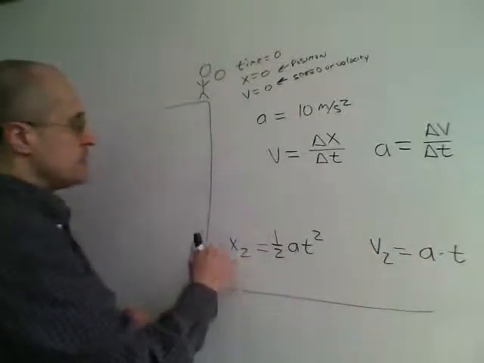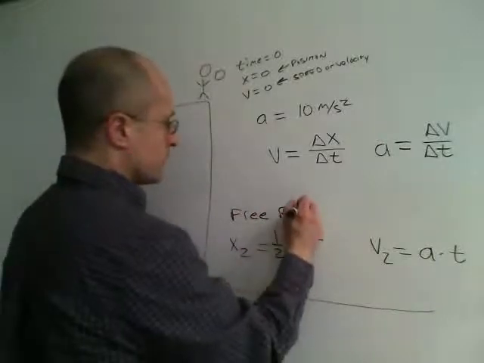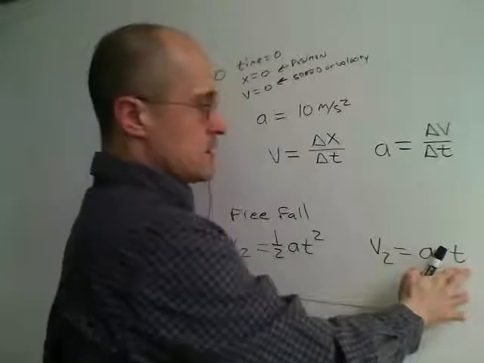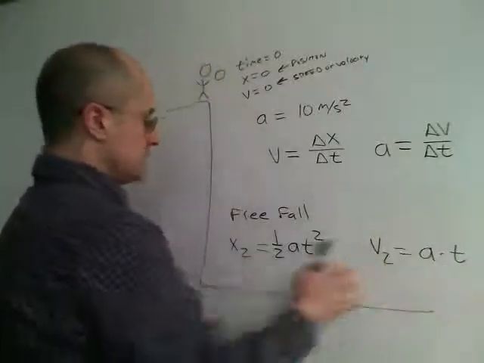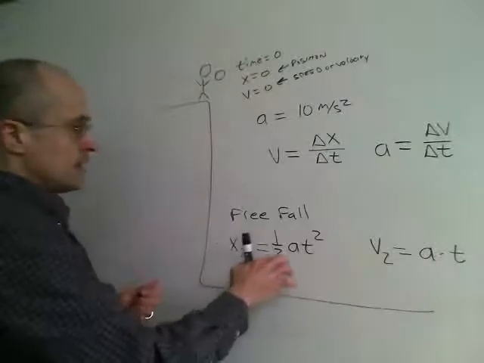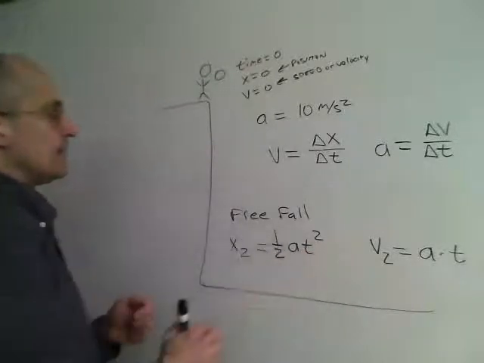So, for free fall, our velocity is just our acceleration times the amount of time that it happens, and our position is essentially 1/2 the acceleration times the time times the time.